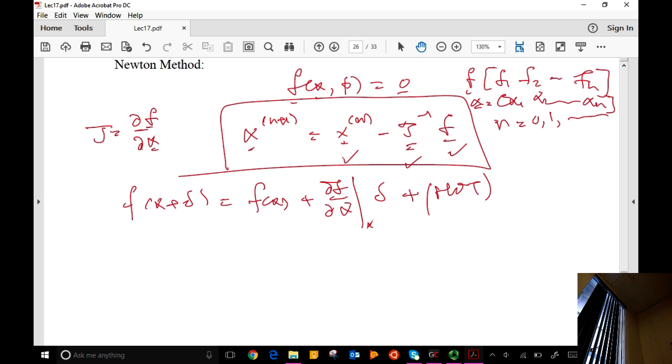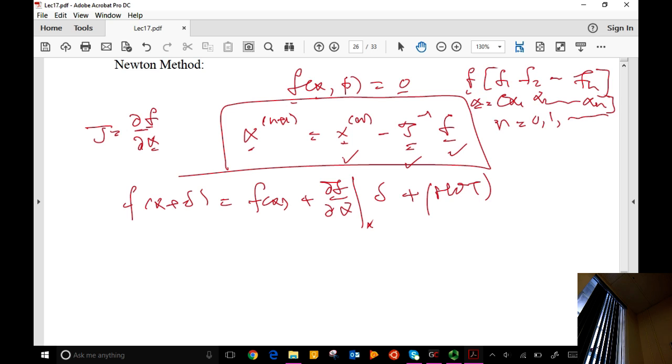We drop that. Okay? So f of x plus delta is equal to f of x plus the Jacobian matrix. This is where the Jacobian comes in. Multiplied by delta. Delta is the perturbation from the current guess. Okay? So what do you want this to be? You want this to be 0. Right?